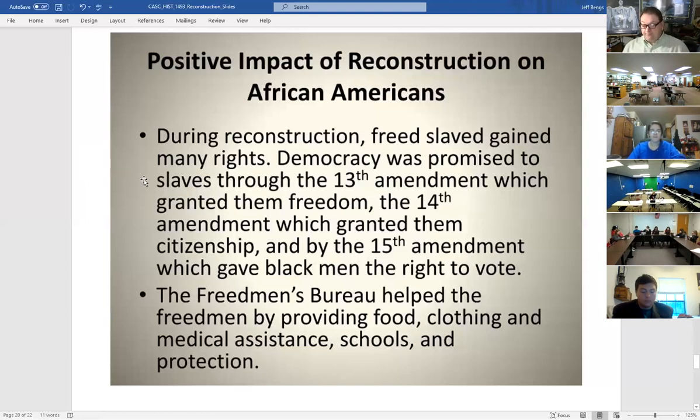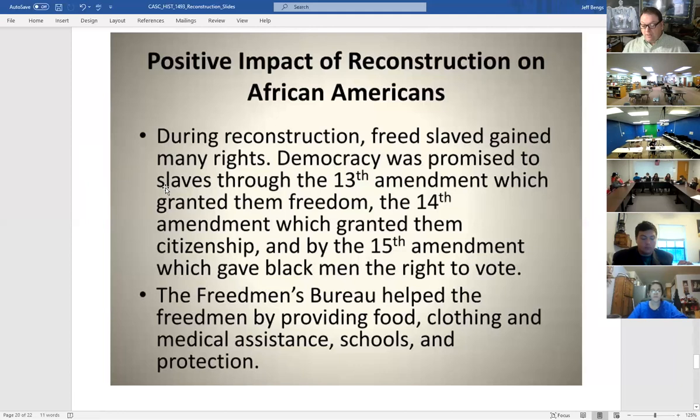And when he did that, it caused the Panic of 1873, which you'll want to know about, the Panic of 1873. It was a depression or a recession.